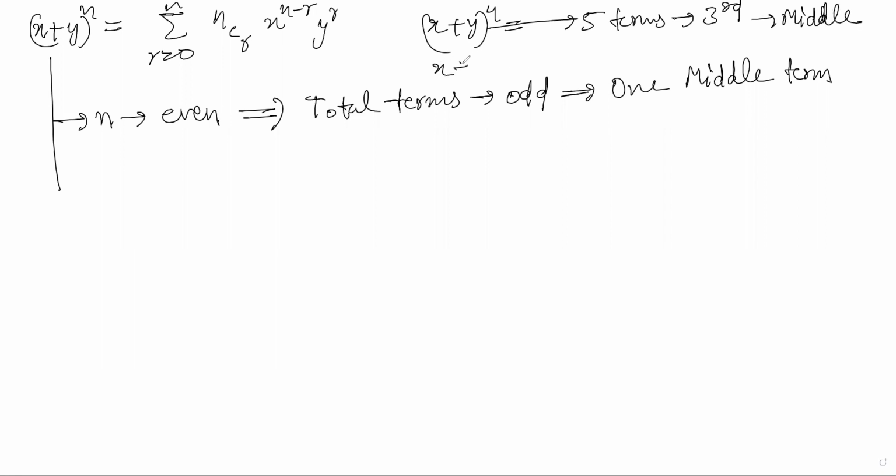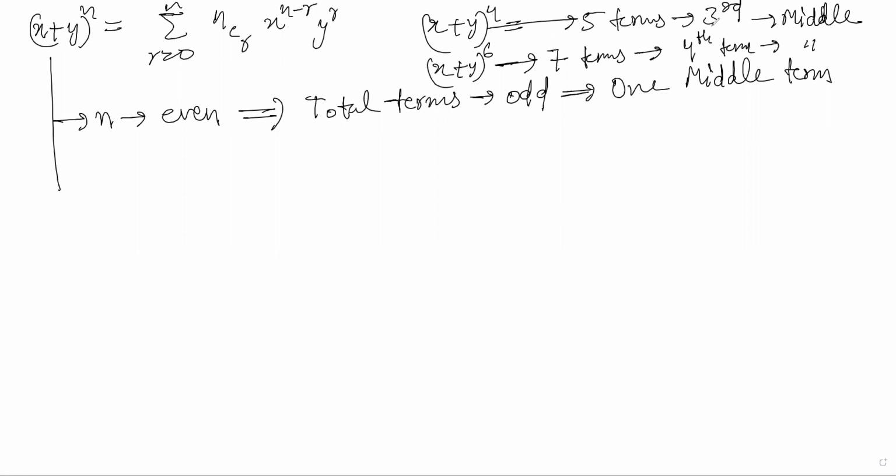Now let's observe this as well. (x plus y) to the whole power 6. So there are 7 terms. And the fourth term was the middle term. Right? So how can I find out the middle term? Okay, divide 4 by 2. What do we get? 2.